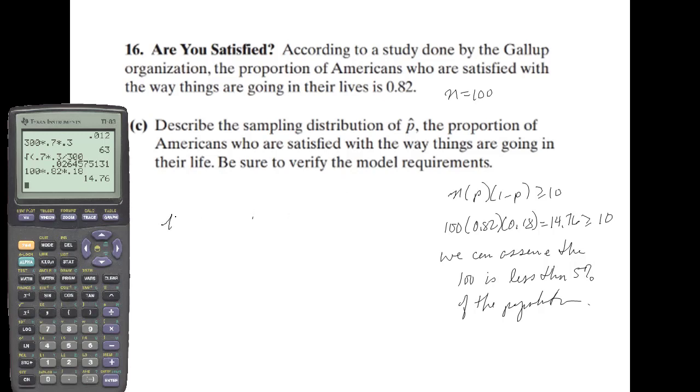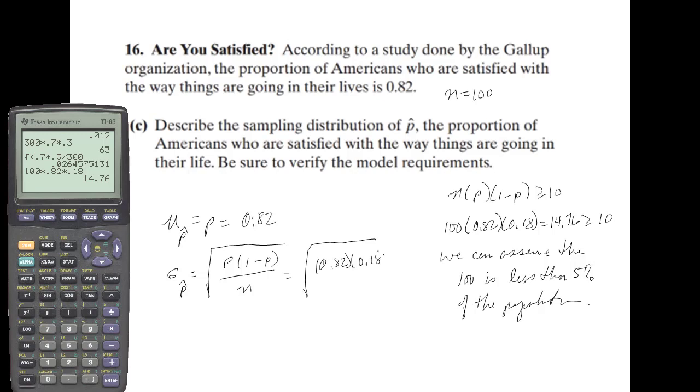So mu of p hat is equal to p, which is 0.82, and sigma of p hat is equal to the square root of p times 1 minus p all over n. In this case, that's going to be the square root of 0.82 times 0.18 divided by 100.